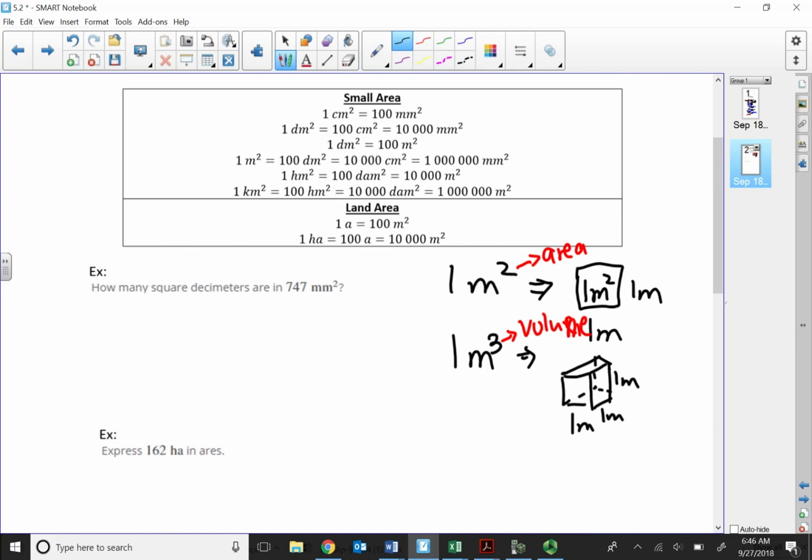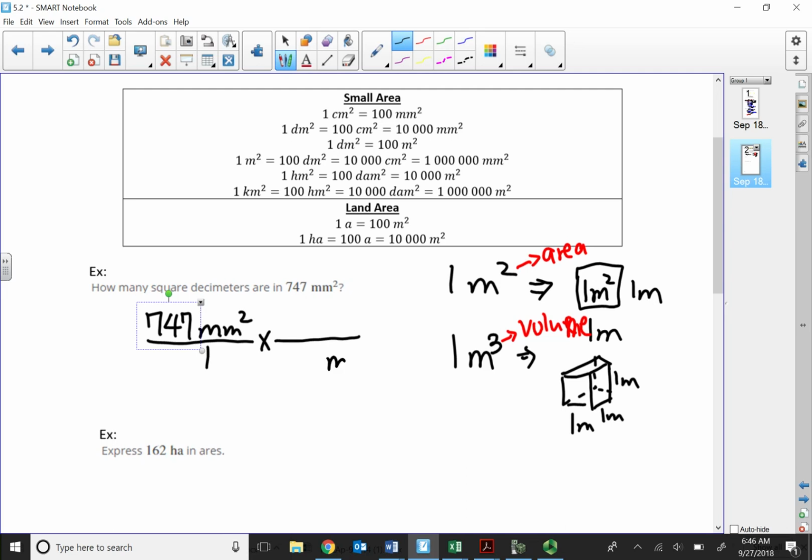All right, let's convert. I think the easiest way to convert area for metric is using the unit fraction method, because we don't really deal with much of these area units. So the easiest way is probably just to use a unit fraction. How many square decimeters are in 747 square millimeters? So what I'm going to do is take 747 square millimeters, write it over 1, and multiply.